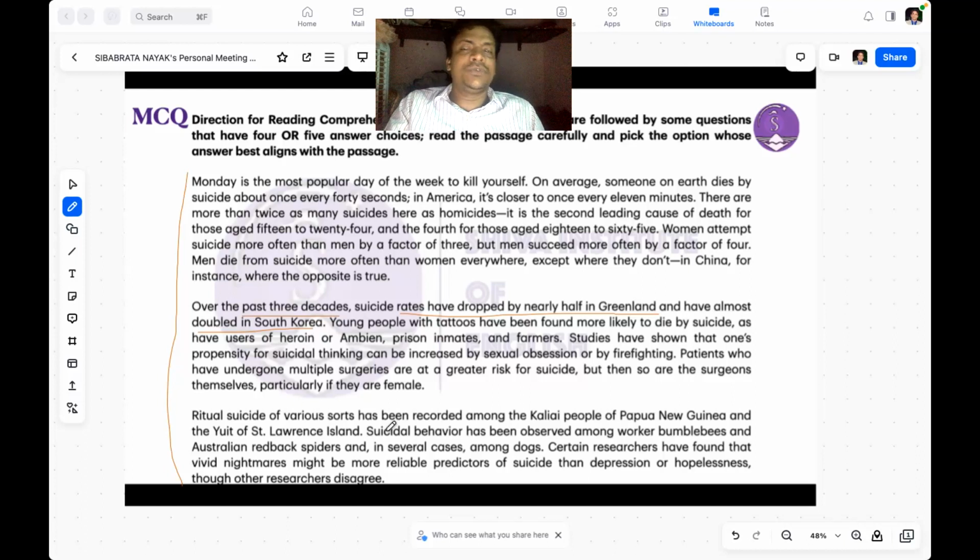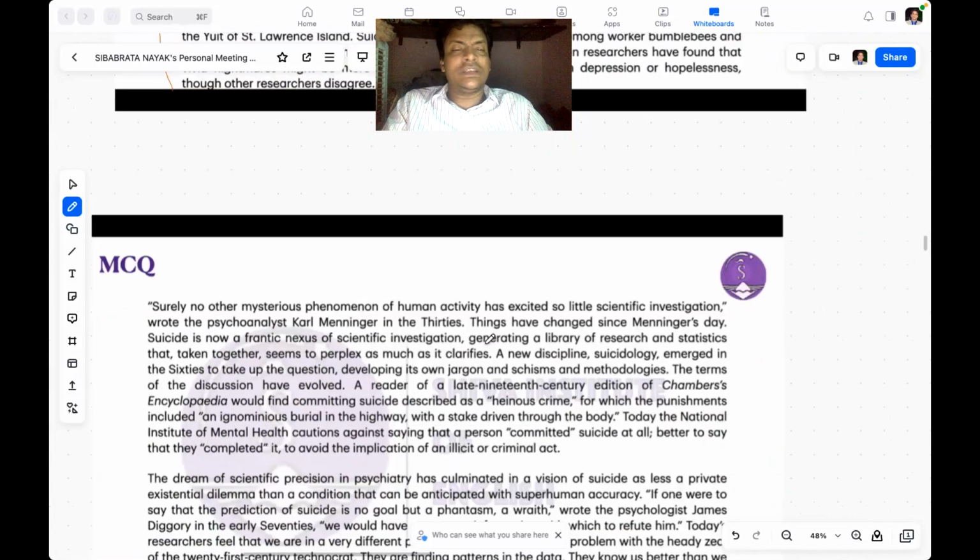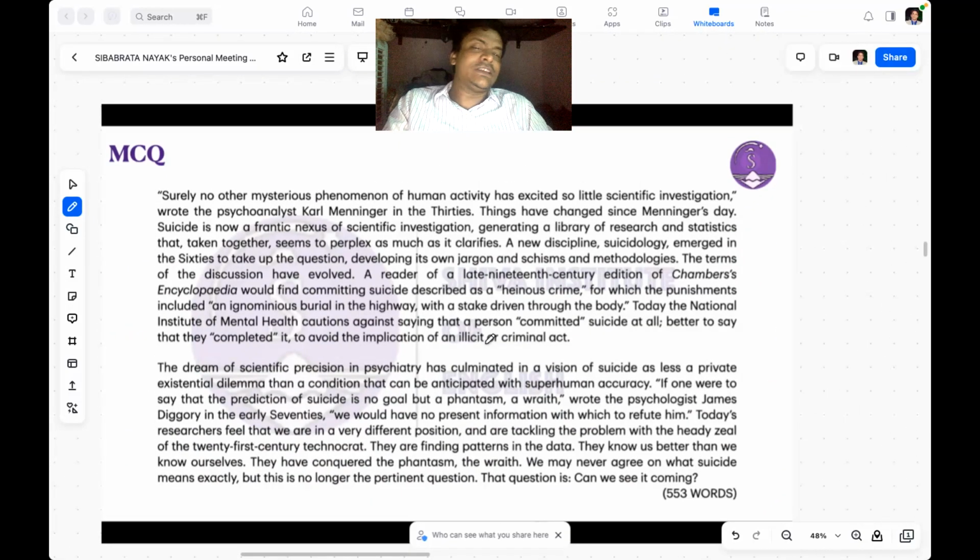Here you would find America, then Greenland, then South Korea. You also find a couple of native groups, like the Kalai people of Papua New Guinea and the Ute of St. Lawrence Island, and how they have a ritual societal behavior. The whole text is made about this.